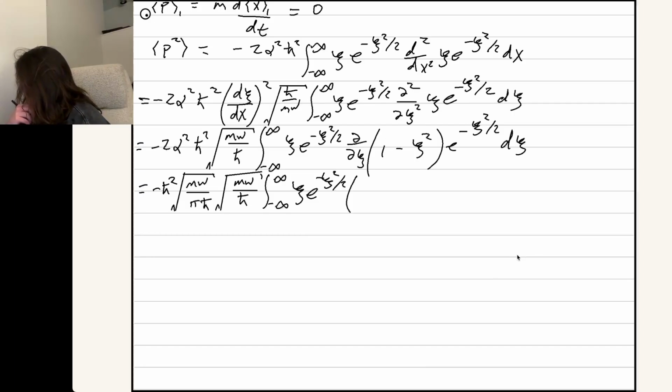So the derivative of e to the minus ξ squared over 2 is just minus ξ. We'll have minus 2ξ, and you'll also have a positive ξ cubed, all multiplying the exponent.